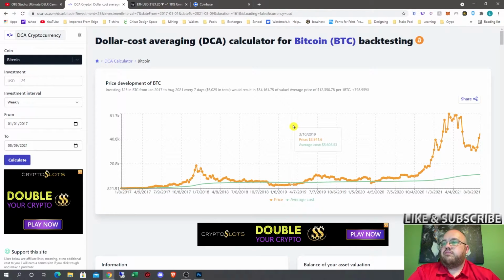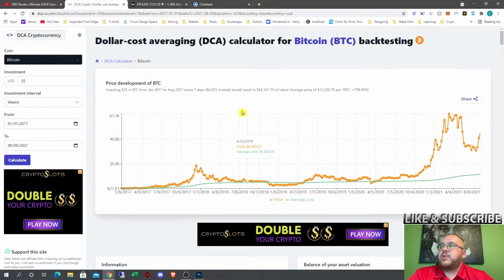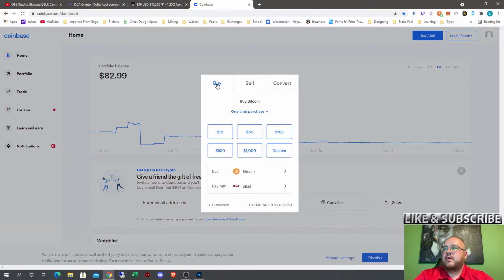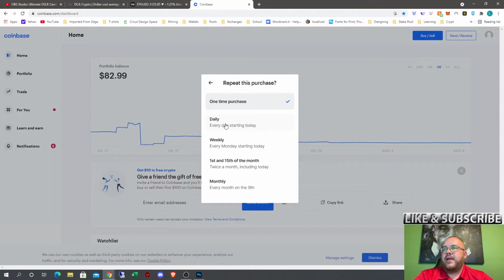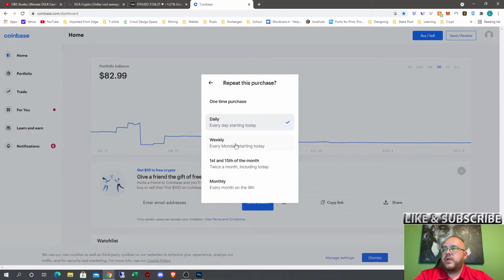Now, if you have Coinbase, if you watch my other video on how to buy Bitcoin on Coinbase, I'm already logged in, and you could do it in the app too. I'll make a video showing the app. But you hit buy/sell, and you'll get this screen. Right here it says one-time purchase. You click on it, and you can buy daily, weekly, however much you want.